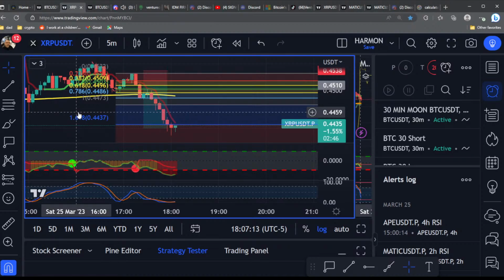What's your percentage? So right now, what's your percentage, Boogie?